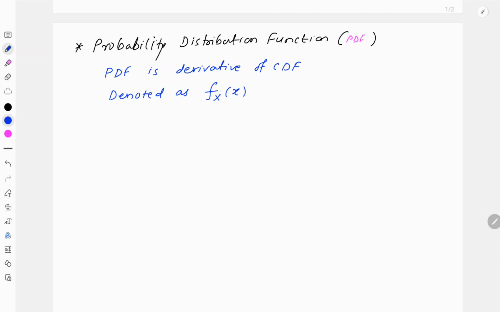So remember, PDF is denoted by small f and CDF is denoted by capital F. So here we have the equation as small f_X(x) is equal to d by dx of capital F_X(x). Here small f_X(x) denotes PDF, and capital F_X(x) denotes CDF. Now let us see the properties also.